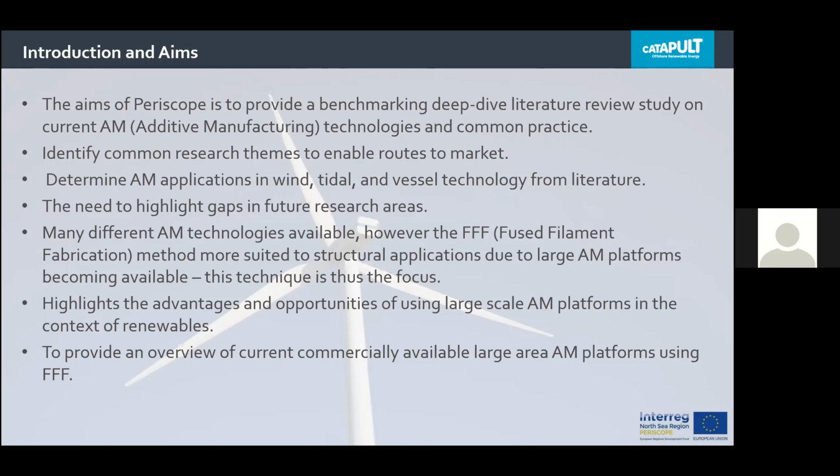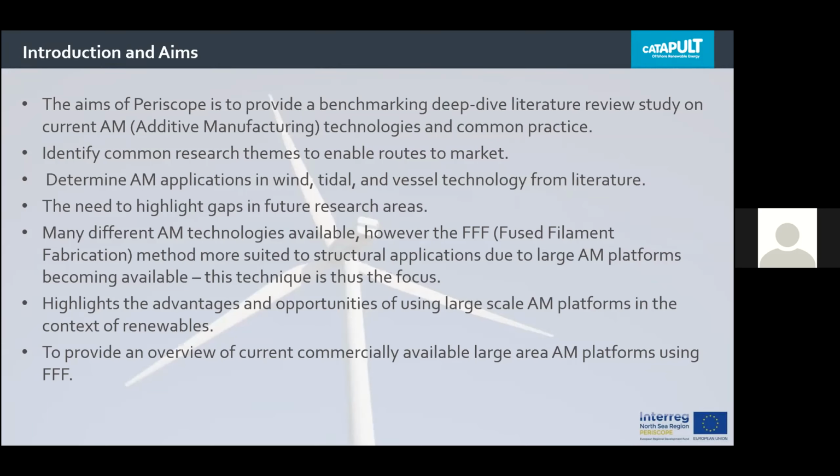It also looks at the applications of additive manufacturing towards the wind industry and the blue economy, so tidal and vessel technology as well.